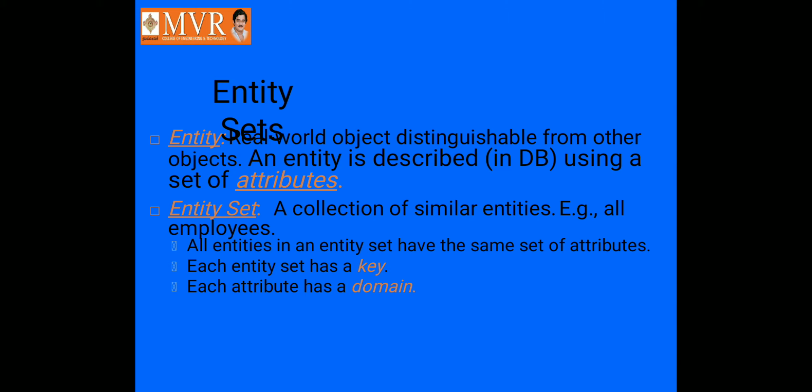That will be called entities, not sets. These entities we call as attributes. Attributes means behavior. The entity set is a collection of similar entities, for example, all employees. All entities in an entity set have the same set of attributes.